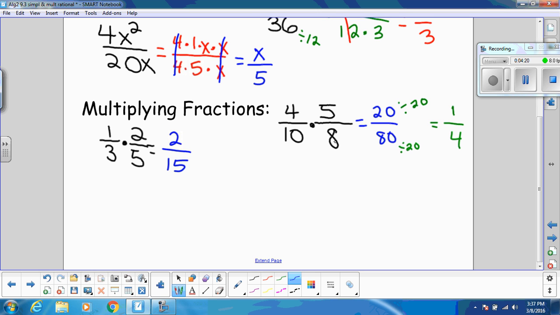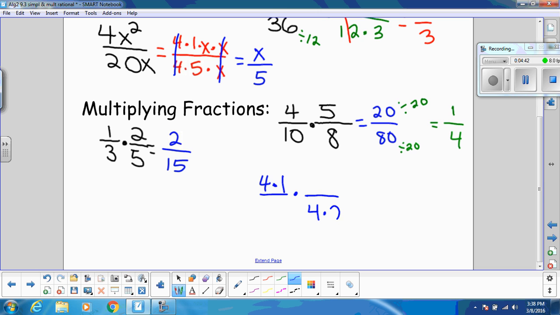All right, so here in the denominator, do you see how I have 8? Well, I know that 8 can be broken down into 4 times 2. So I'm going to rewrite 4 as 4 times 1. And down here, I'm going to write my 8 as 4 times 2.